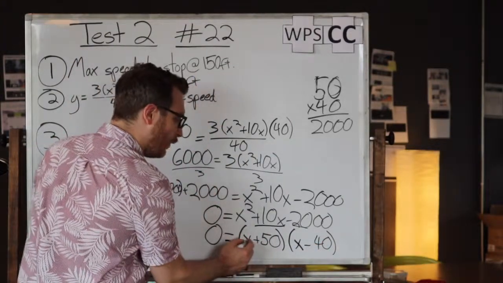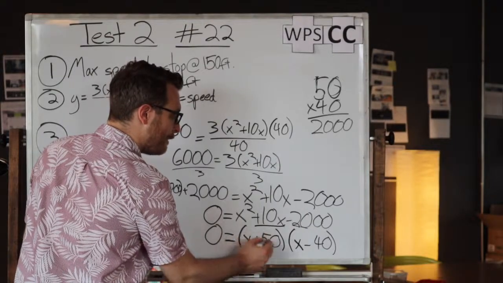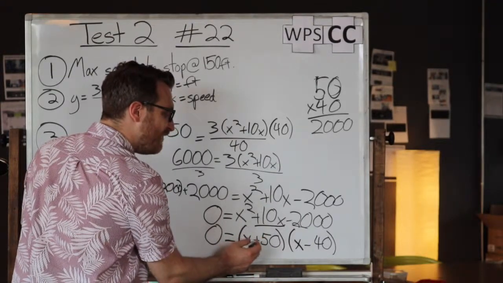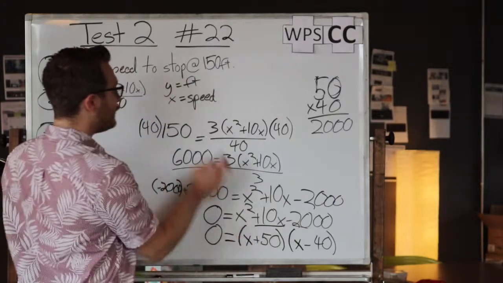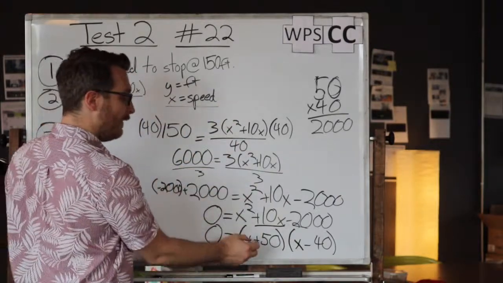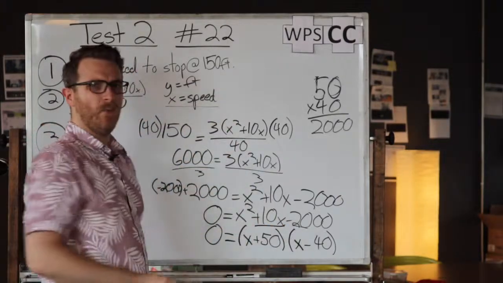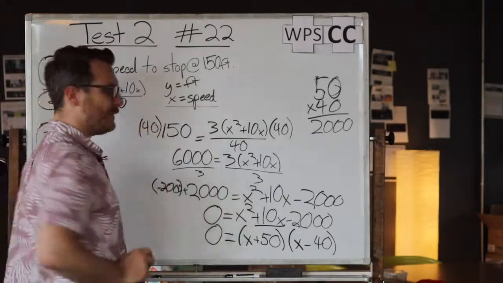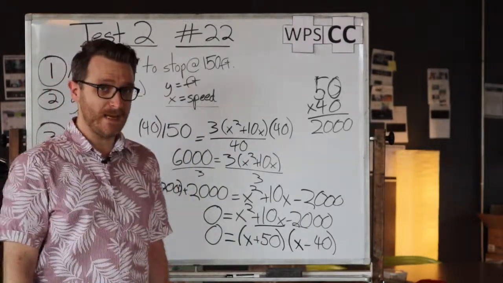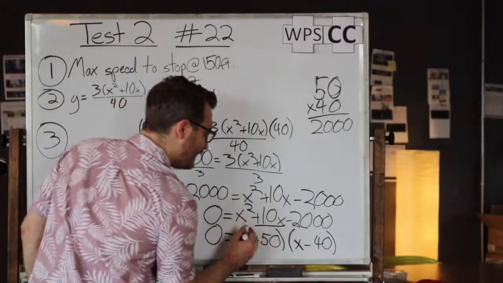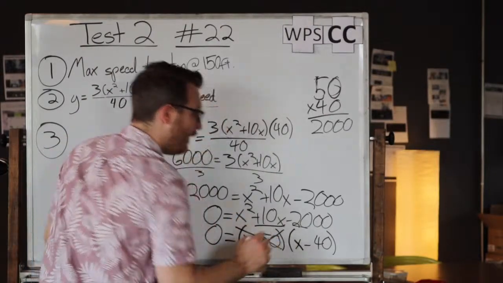So inside here, what could give me 0? Well, if I had a negative 50 as x being my speed, that would give me a 0 and make this all equal 0. Remember, if x equals speed, can I go negative 50 speed? No. This one isn't giving me any answers. But what about this one?